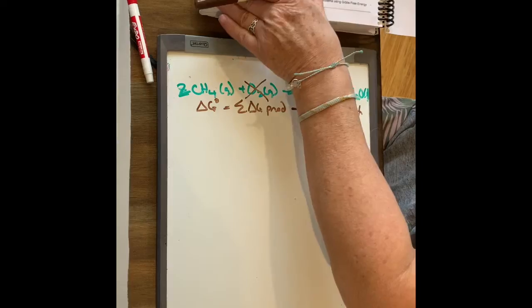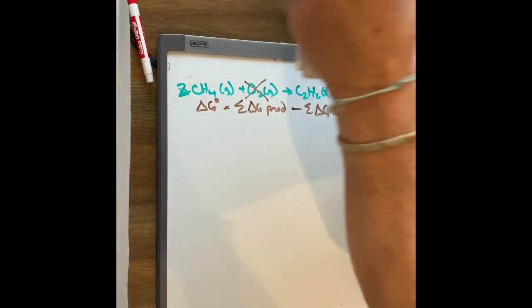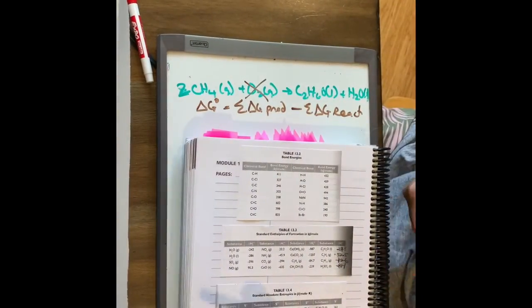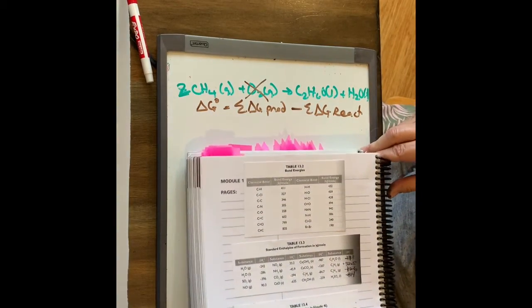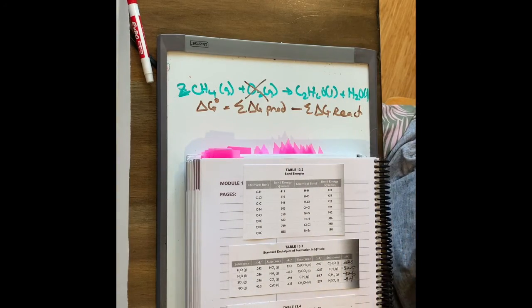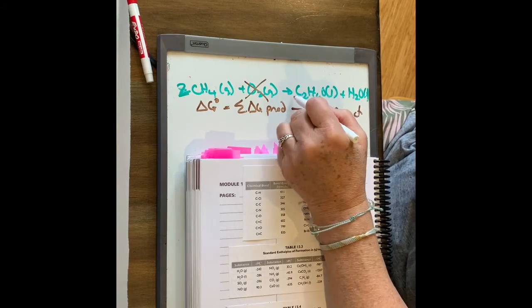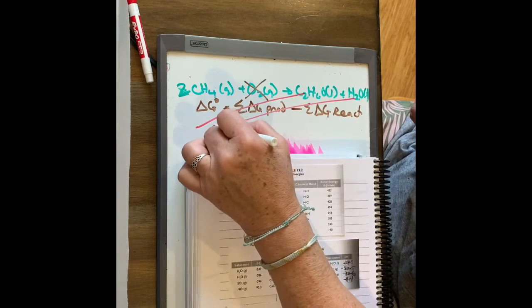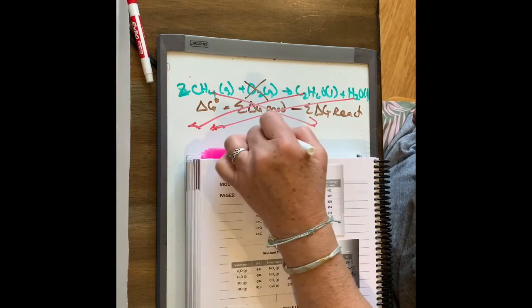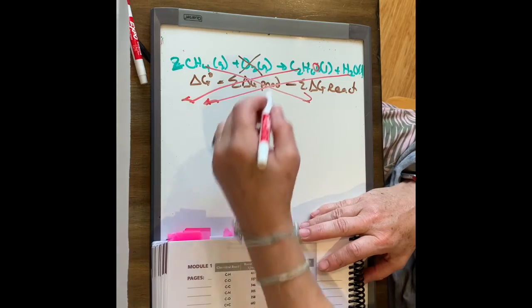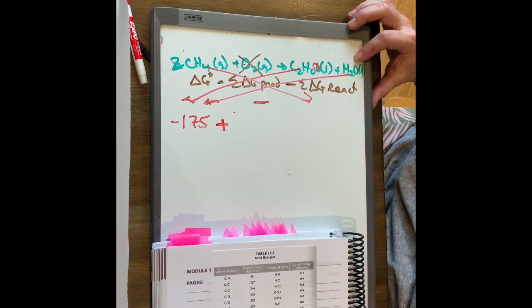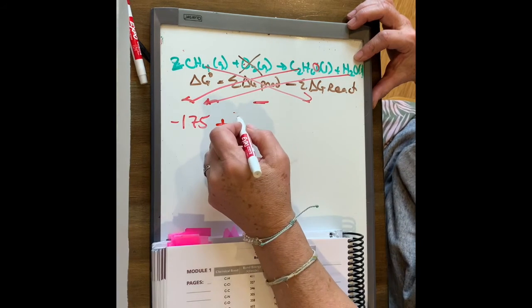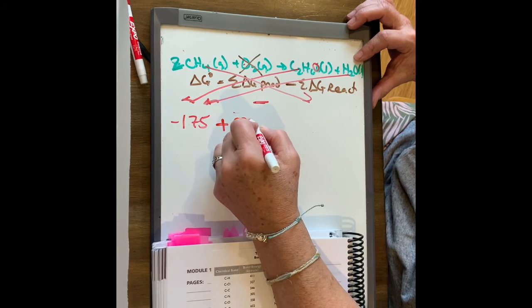We also know in the Gibbs free energy that O2 is already formed, so we don't have to deal with it. Okay, so I've got my little delta G. It may be harder to see here, but here's my standard free energy, right there. So I know my things go this way: these two, products, and then this guy here. C2H6O is minus 175, and H2O, that's a liquid, so it's minus 237.